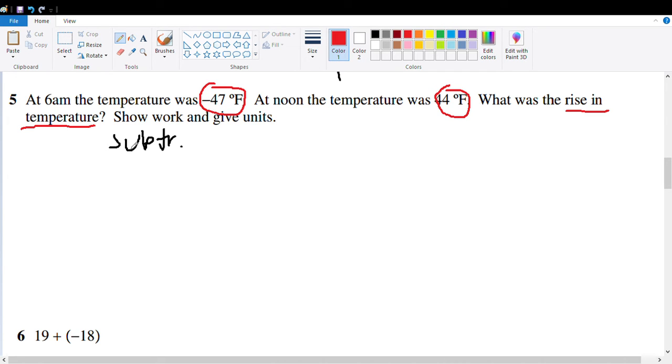In this case, when we're finding a rise of something, we're actually going to subtract the current minus the past.